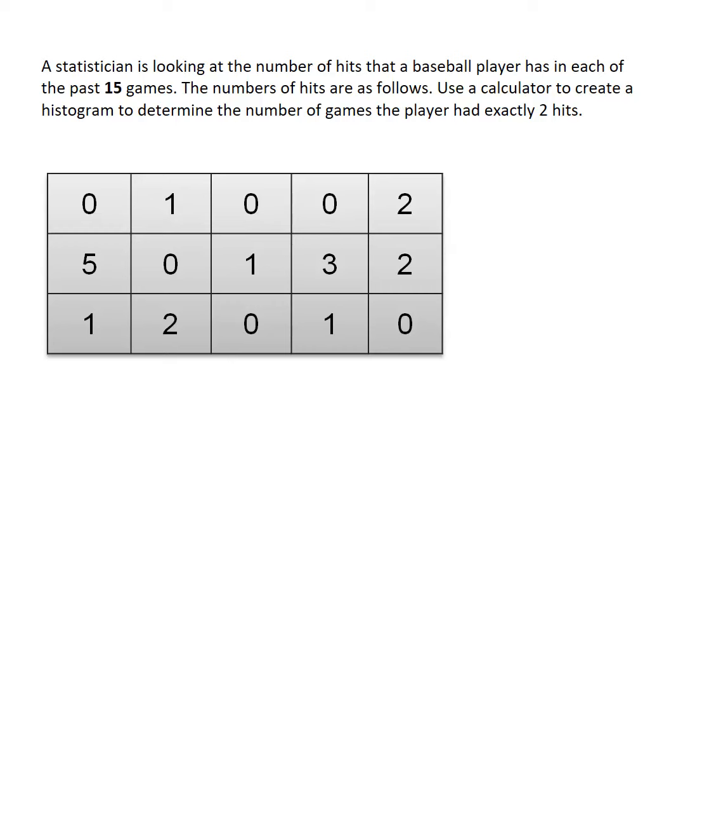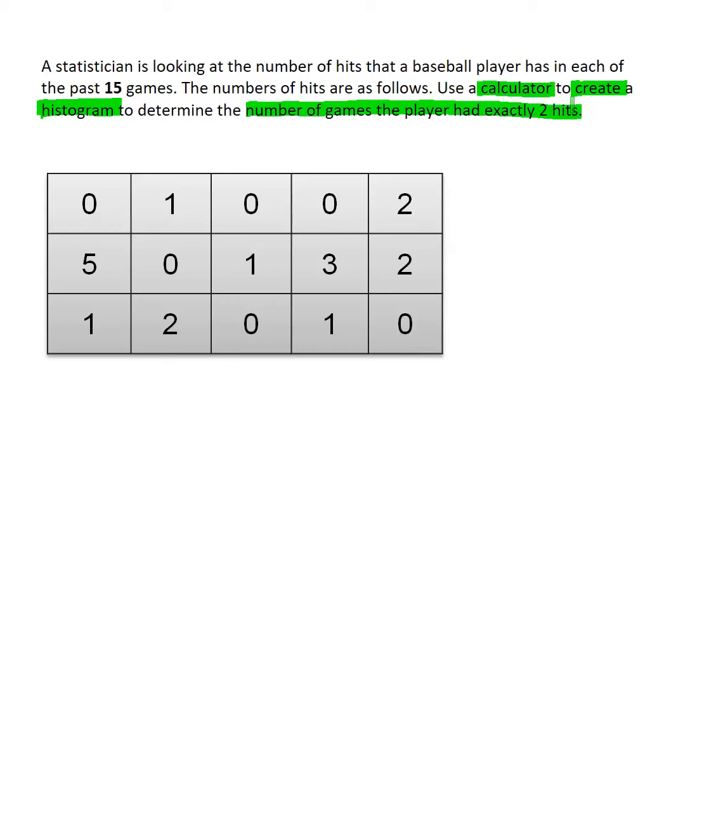Use a calculator to create a histogram to determine the number of games the player had exactly two hits. Okay. So we have a few things to do. We're going to use the calculator and create a histogram.